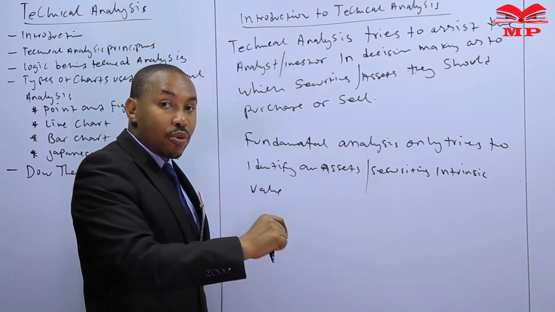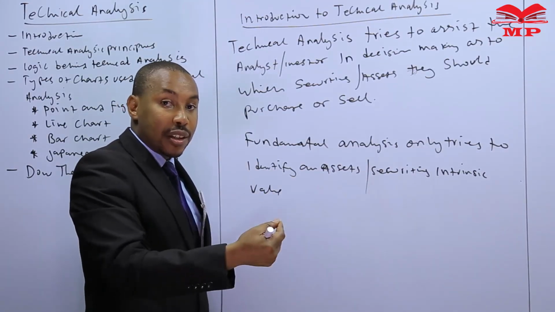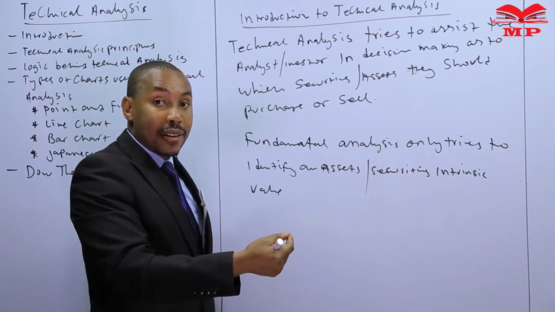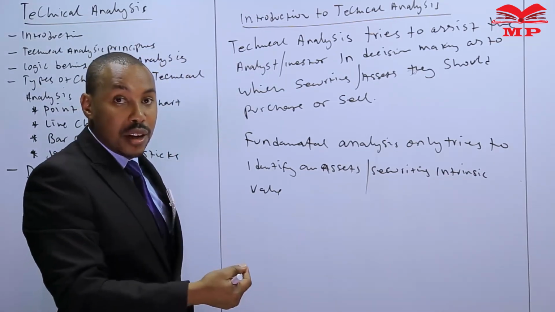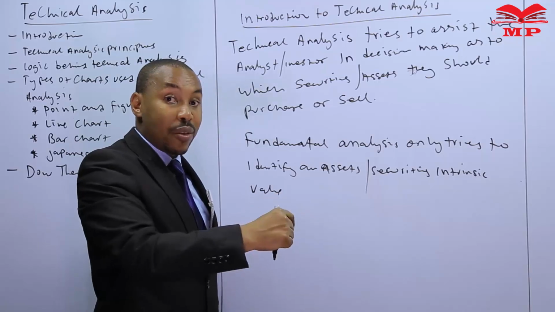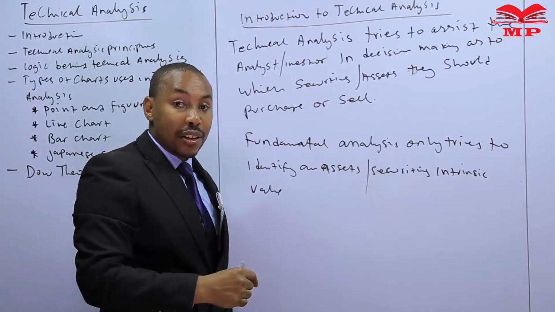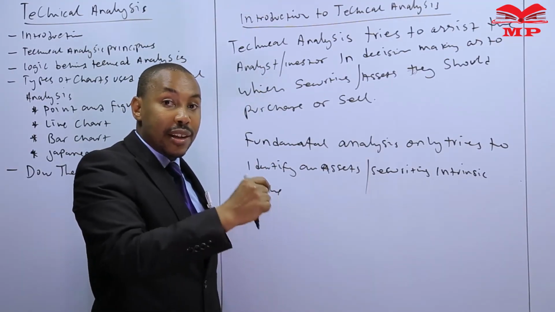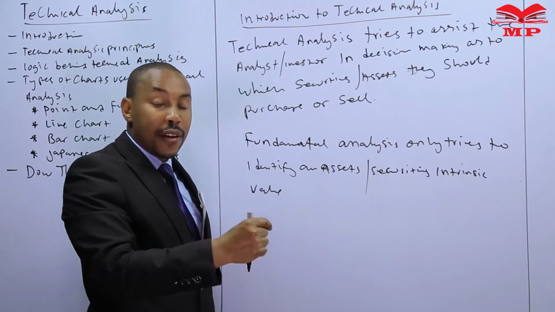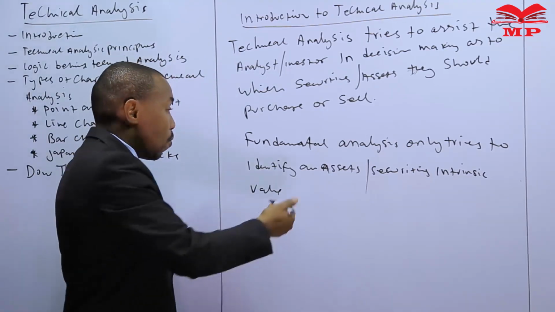And you compare that with what the Securities Exchange provides as far as the pricing of the security is concerned. So if the current market price, the one that is issued by the Securities Exchange, is greater than the intrinsic value, the one that you've computed, then we are saying that the security is over or undervalued.